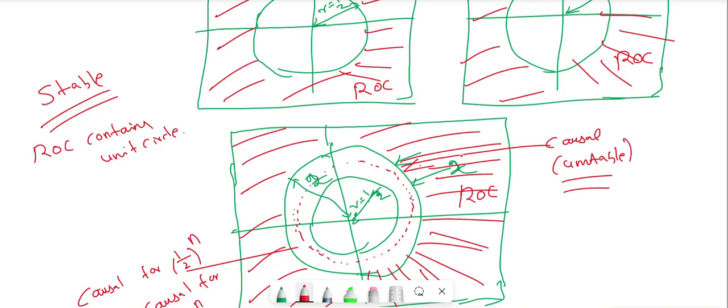So this region is causal for 1 by 2, but it is non-causal for 2^n. You can refer to the open problems for some more examples.